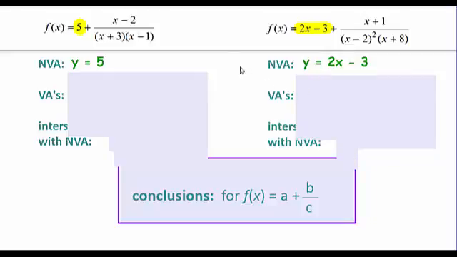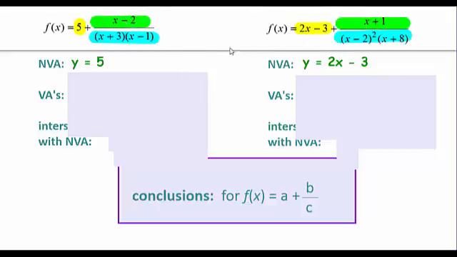If we take a look at the rest of what we're given in these functions, we've got this fraction, a numerator and a denominator. When we write these fractions, remember that you're writing the quotient, the non-vertical asymptote, plus the remainder, which I've just highlighted in green on the top, over the original denominator.